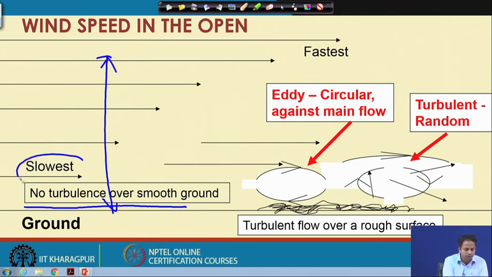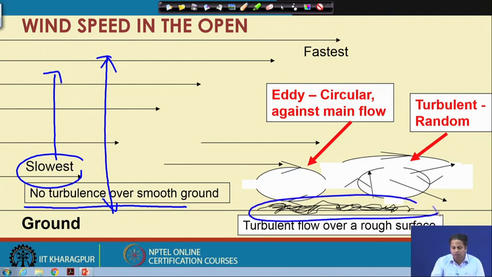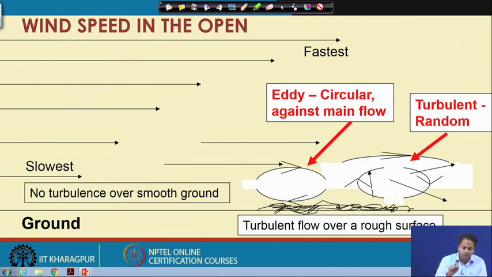Wind speeds are slowest near the ground, but when you go up, they increase proportionally to the logarithm of height. But if some roughness is present over the ground, there will be some disturbance, some turbulent flow, and some eddy motion. Eddy motion means there will be some deviation from the mean flow, and that causes turbulent motion. These are some basic terms that I was trying to mention here.